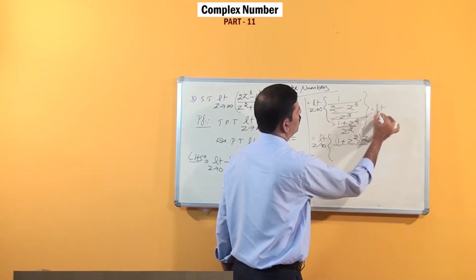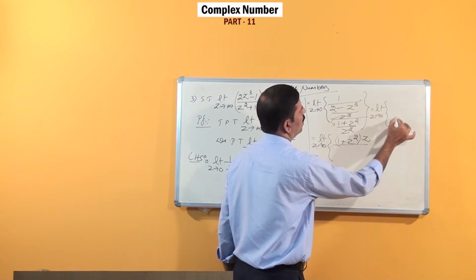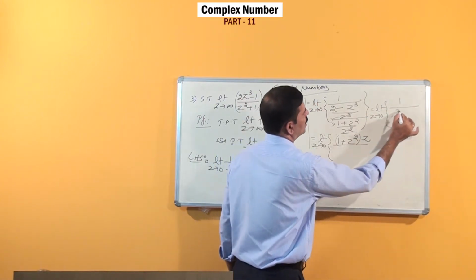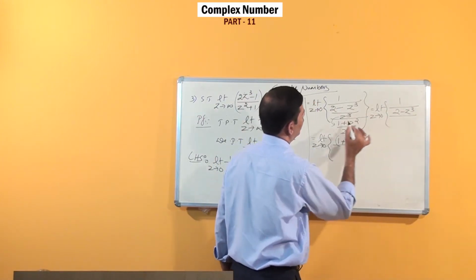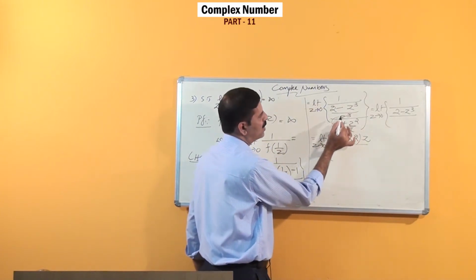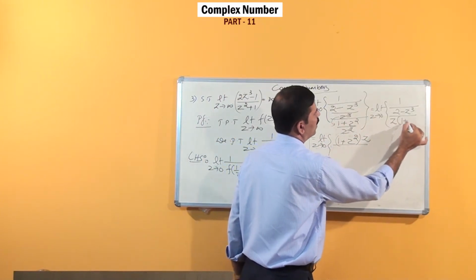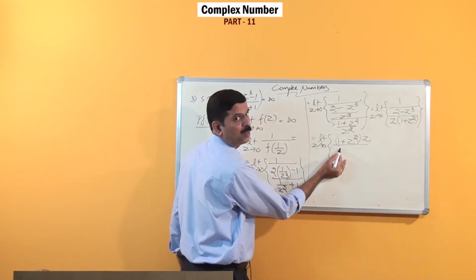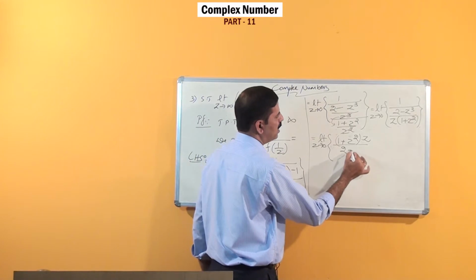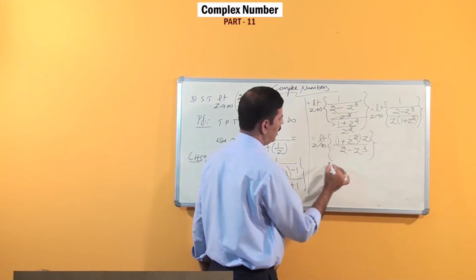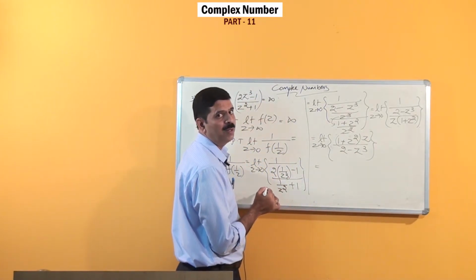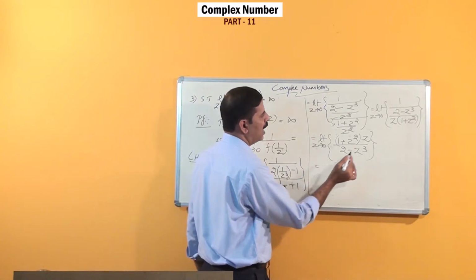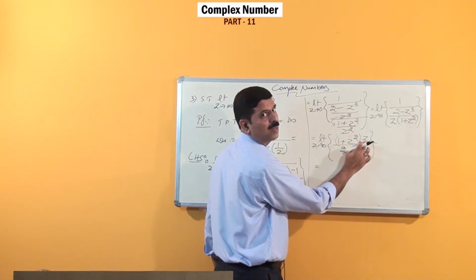If you want, I will show you one more step. It is equal to 1 by 2 minus z cube, divided by, as I told, 1z remains, z into 1 plus z square. Now this becomes minus 2z cube. You apply the limit as z tends to 0, so this is 0.